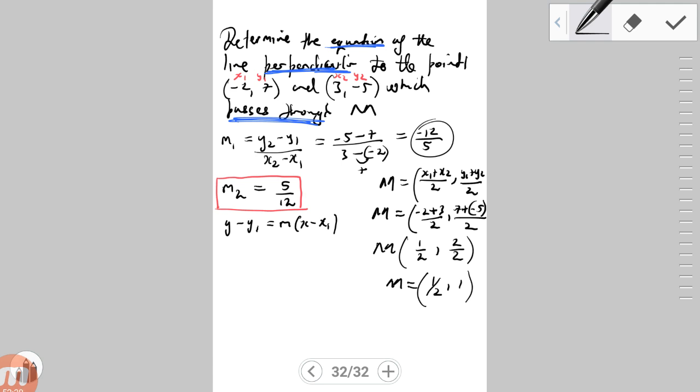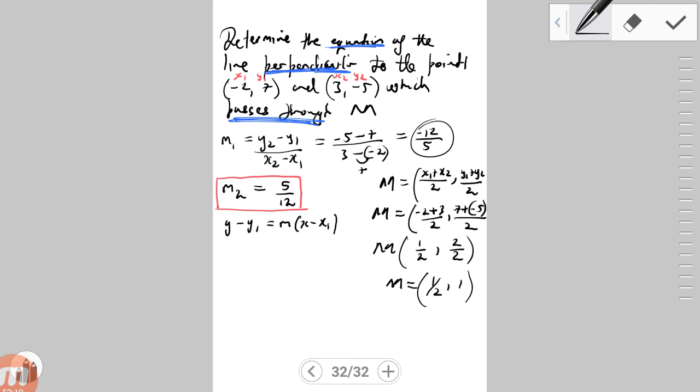Now, I didn't actually have a question on this particular tutorial that uses the actual words perpendicular bisector, but in the event that you happen to see a question that relates to a perpendicular bisector, then the perpendicular bisector is indicating to you that the line is passing through the midpoint. So just look out for that.